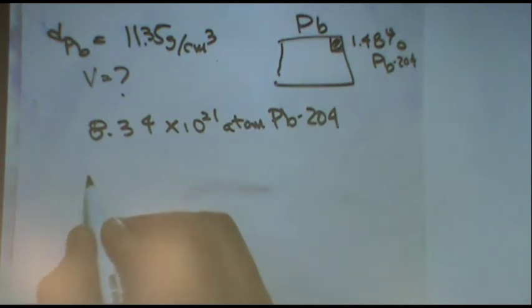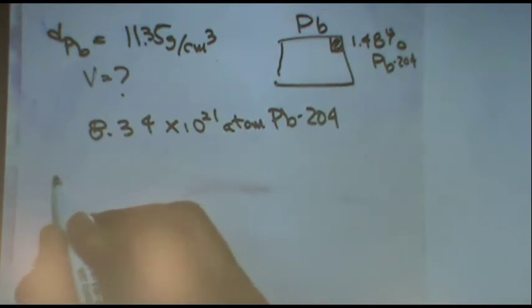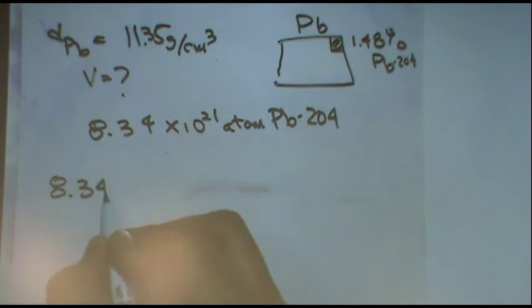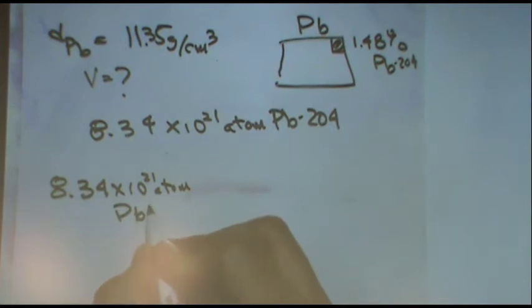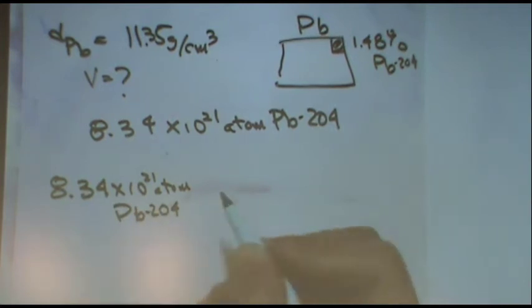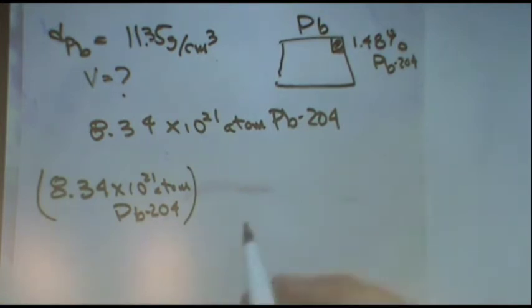Okay, so let's see. I want to know the volume. We've got 8.34 times 10 to the 21 atoms of lead 204. I want to go to mass. How do I get there?